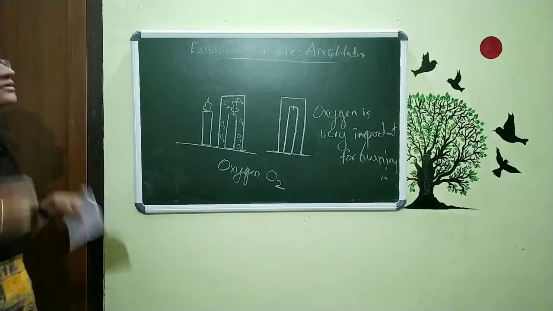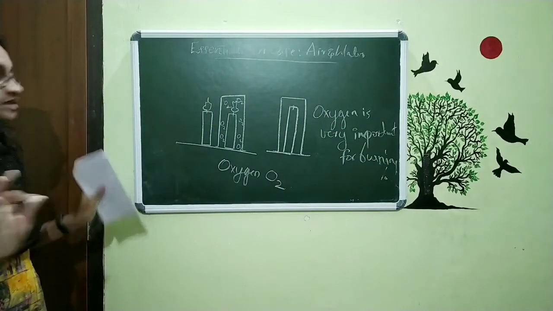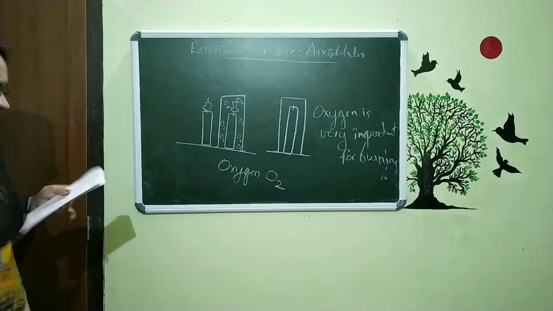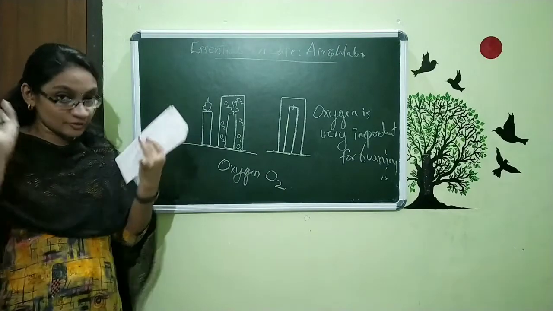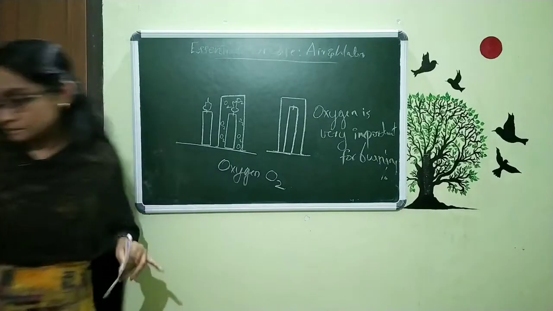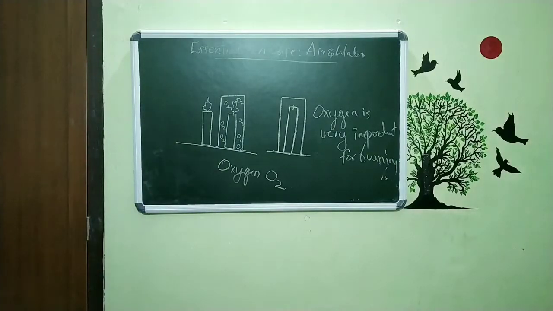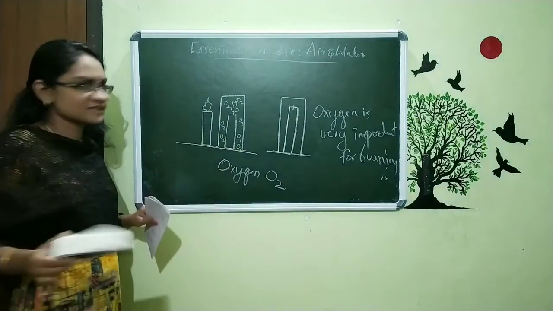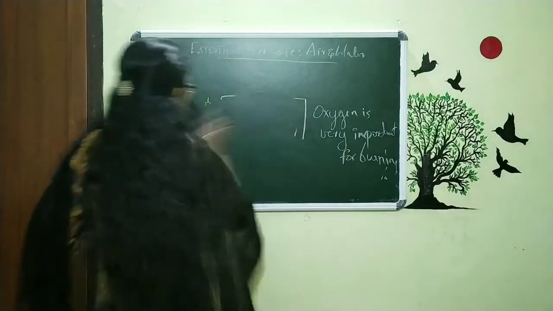If there is no oxygen, no burning will occur. So we can say, as the importance of oxygen, we utilize it for breathing and it also helps for burning. That's all. Also within your textbook, you can see the diagram on page number 90. Just read that. I hope you understand that.